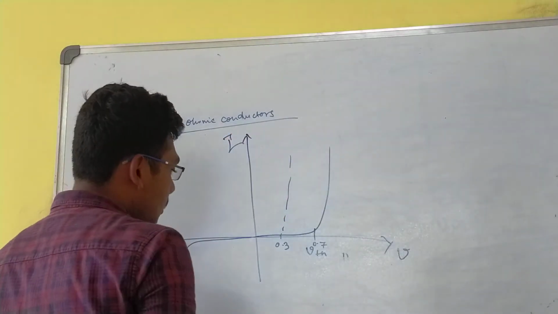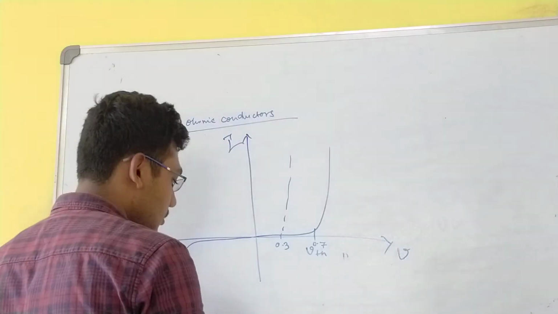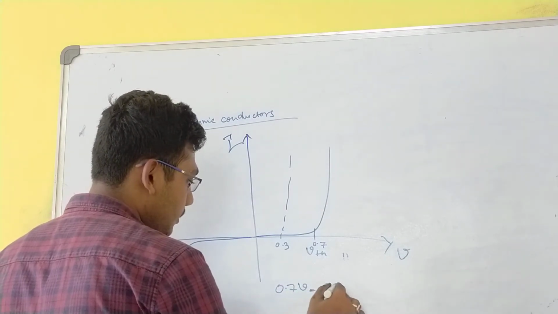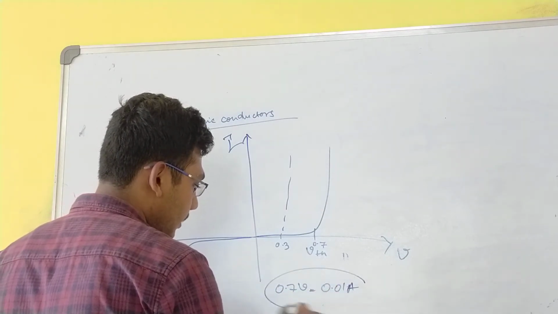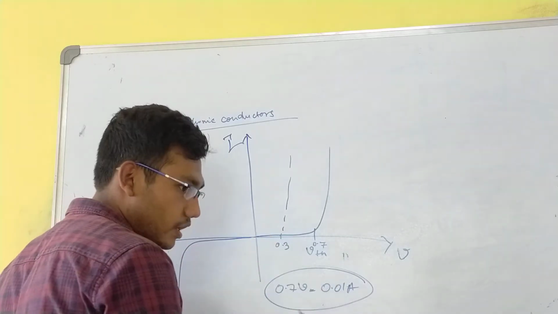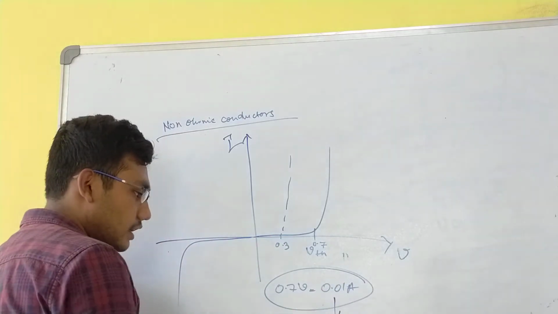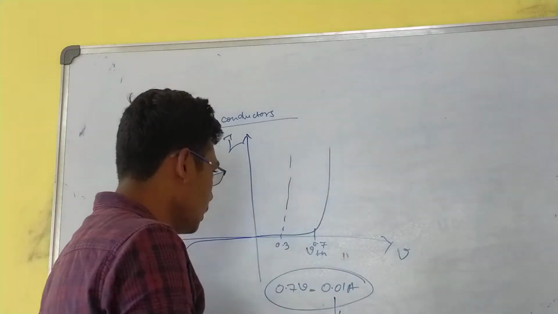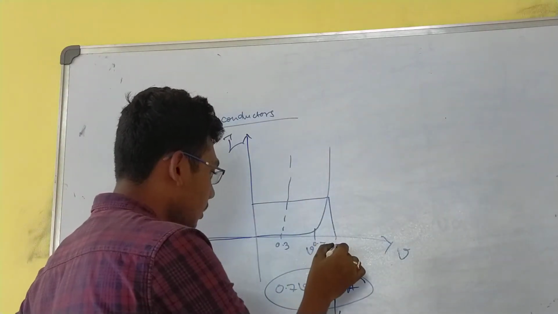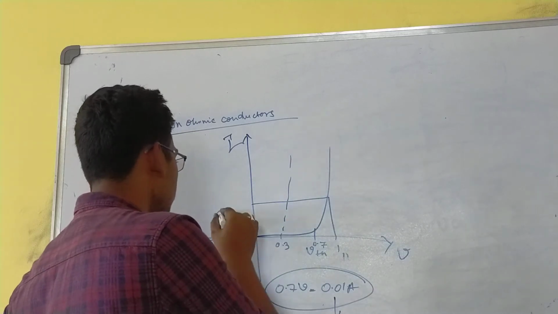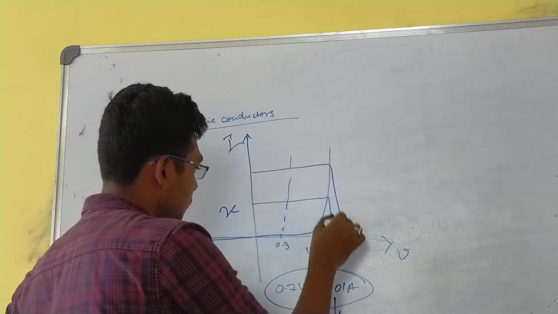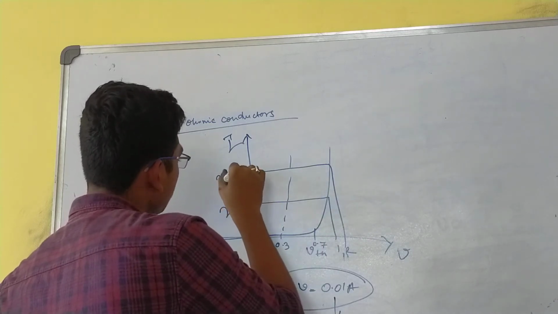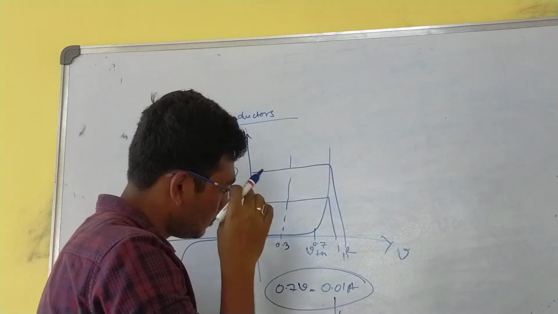The current at 0.7 volts is around 0.01 amperes, very low, milliamperes or microamperes. The lower the leakage current, the better the diode. Suddenly, if you increase the voltage to 1 volt, it would be something around X, and at 2 volts, 2X or something like that.